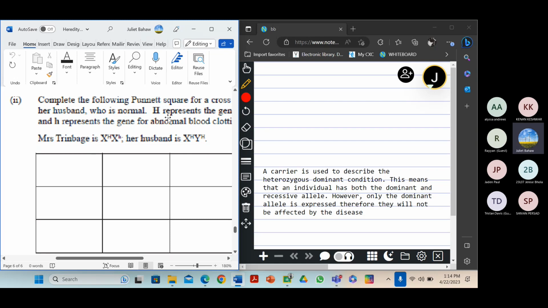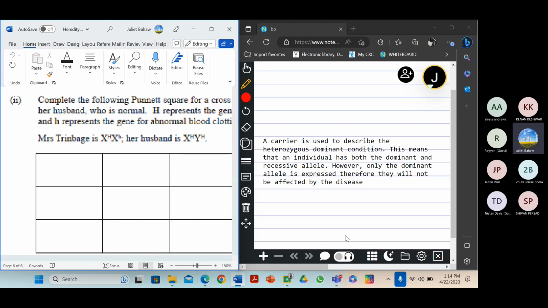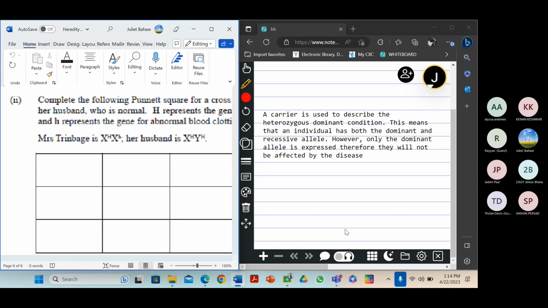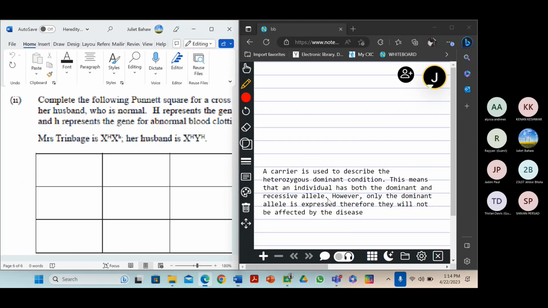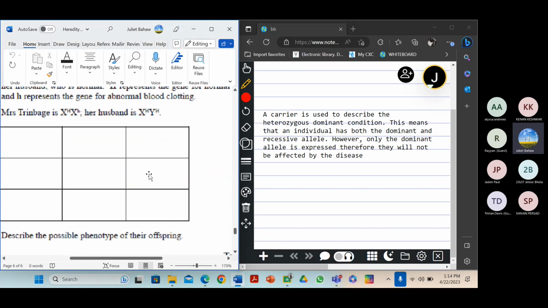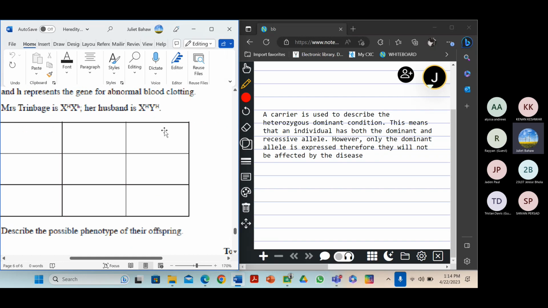But there's something about sex-linked diseases, and it's in the notes. You're seeing that the Y has a capital H. Normally, sex-linked diseases only are carried on the X chromosome. There's nothing on the Y.